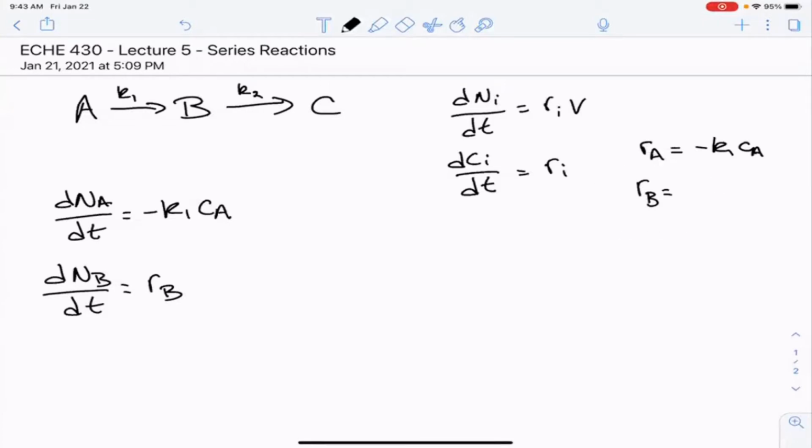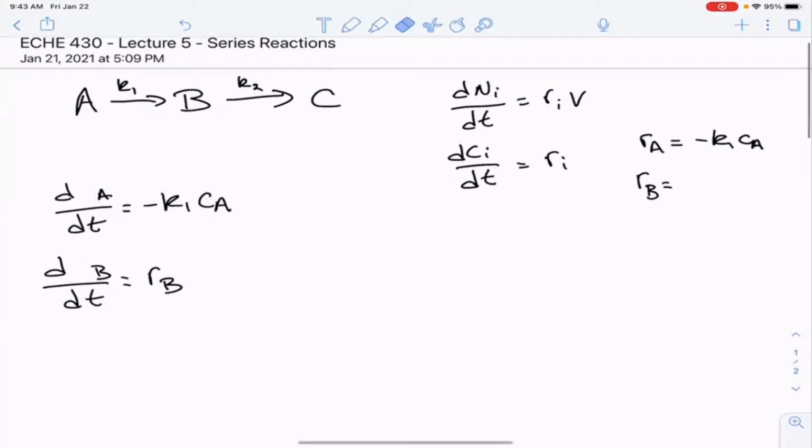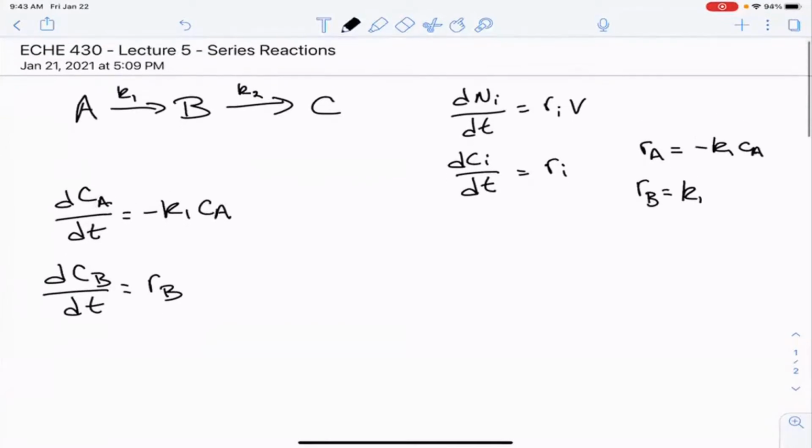What's the rate law for B? Will it be negative K2 CB plus K1 CB? Yes, that's right. Well, here it's K1 times CA minus K2 times CB.